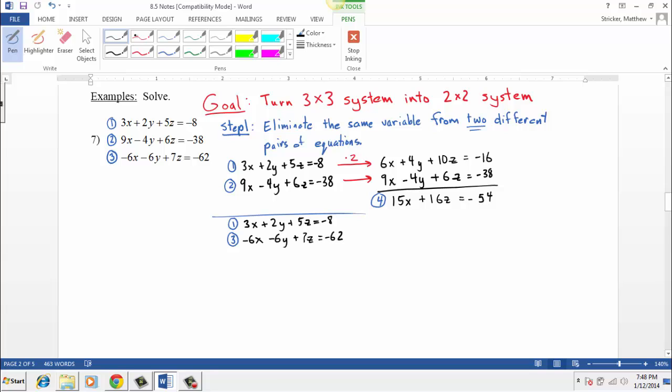And what do we want to multiply the top equation by? We want to multiply it by 3. Don't change the bottom one.